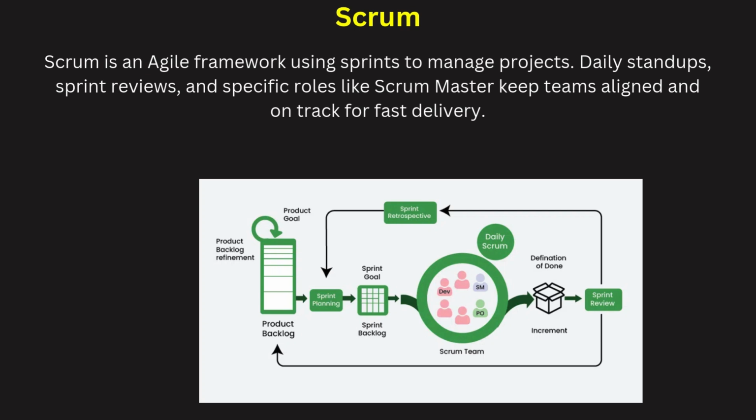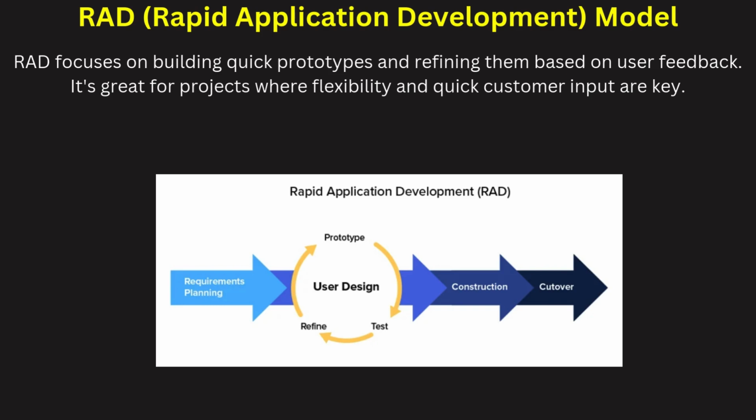Now the rapid application development model, or RAD model. The RAD model is centered on rapid prototyping and quick feedback over rigid planning and lengthy development cycles. In this model, the focus is on creating a functional prototype quickly and then refining it based on user feedback.